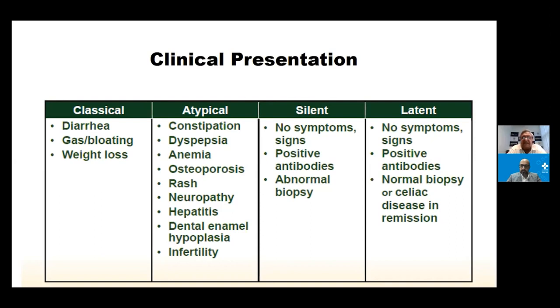In many cases, the person has no symptoms and only positive antibodies are present. And if a biopsy of the small intestine is done, then it is abnormal. Or it may be latent. No symptoms or signs are seen. Positive antibodies, normal biopsy, or celiac disease is in remission.